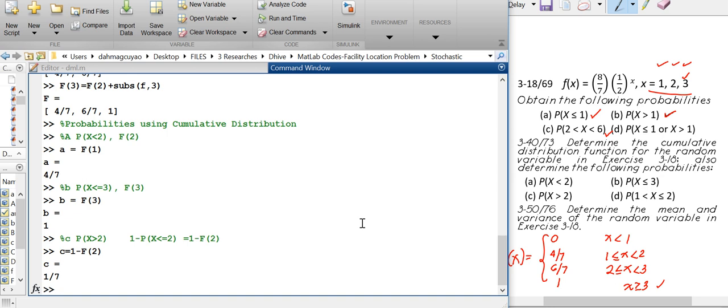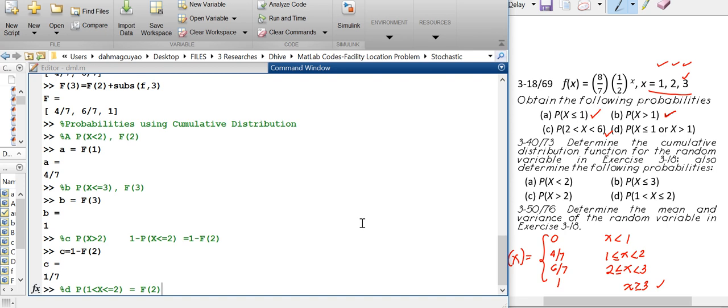For letter D, we have the probability that it is greater than 1 but less than or equal to 2. So that would be f of 2. 2 is included, so f of 2.